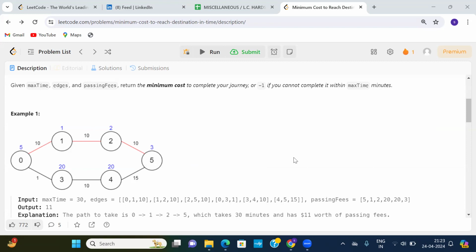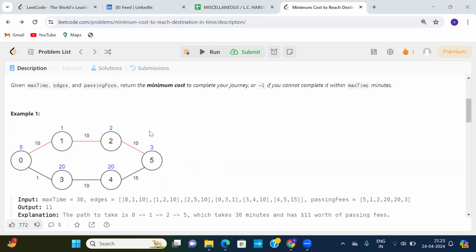But there is one more condition. We are also given one variable, max time, and we need to go from city 0 to city n minus 1, that is city 0 to city 5, in the minimum cost, but the time should not exceed this max time variable.